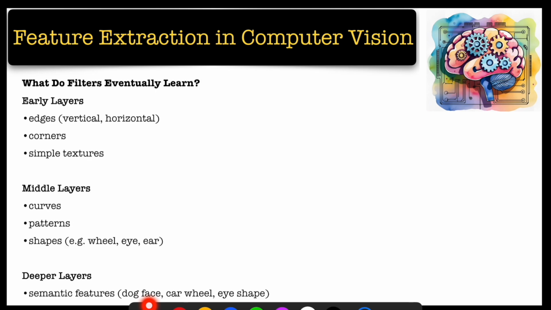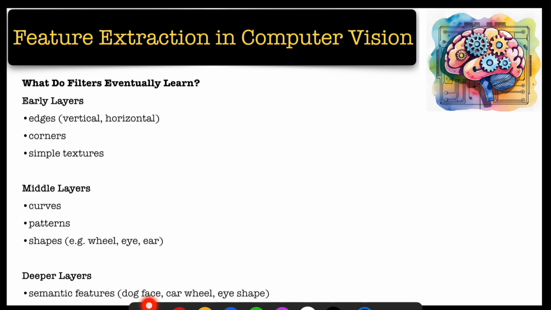So what do these filters eventually learn? Based on our experience with model training, we can say that early layers learn edges like vertical or horizontal edges, corners, and simple textures. Middle layers can learn curves, patterns, and shapes, like a small eye or ear.